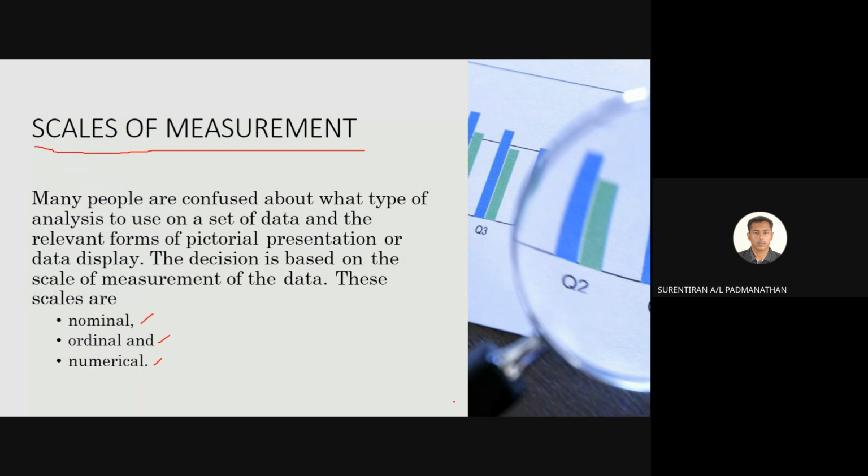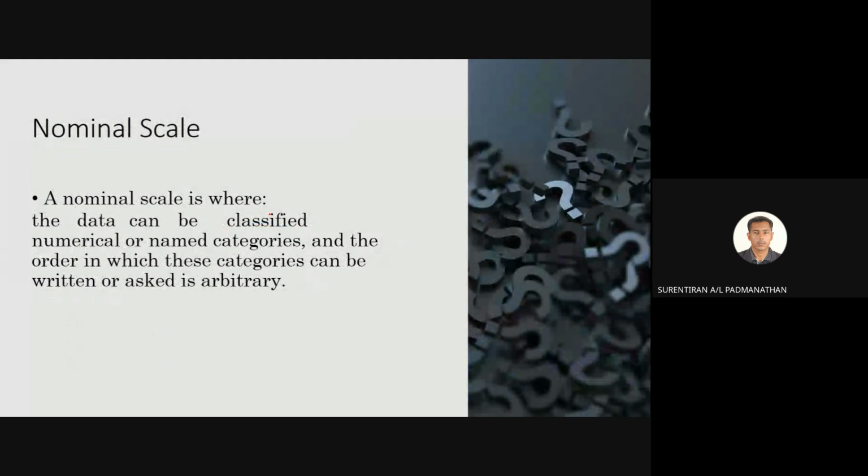These scales are nominal, ordinal, and numerical. Okay, so there are different scales of measurement for the data. For engineering, we have a different approach. Later I'll show you.